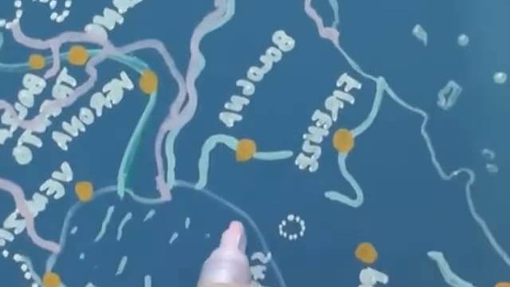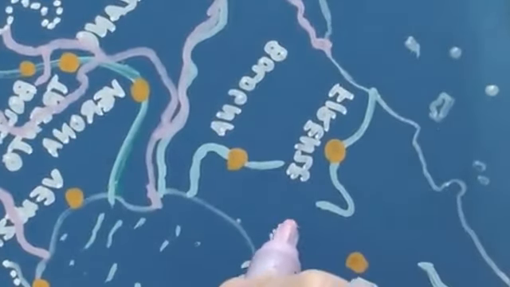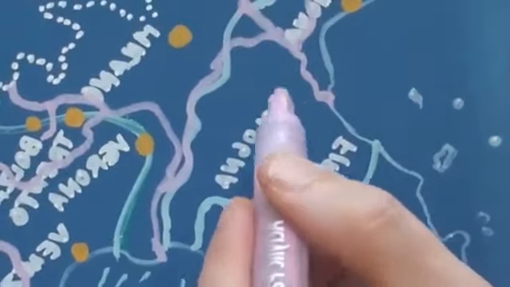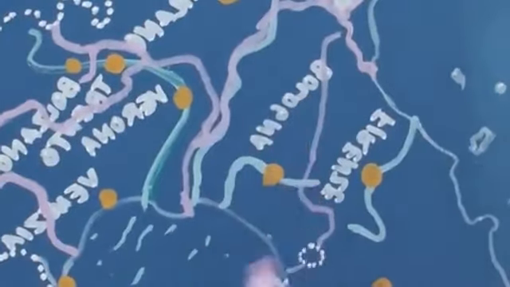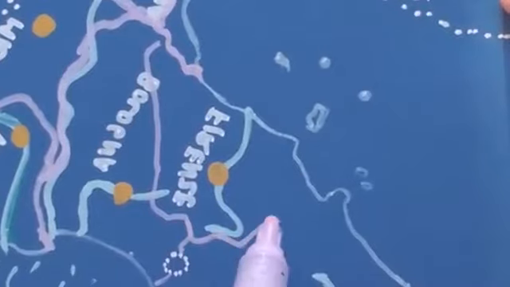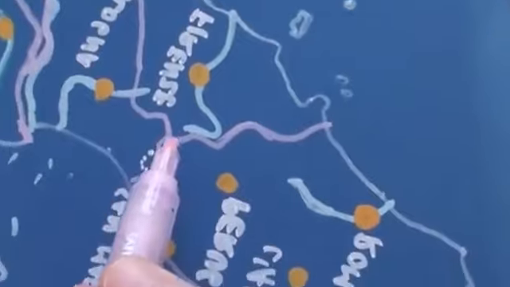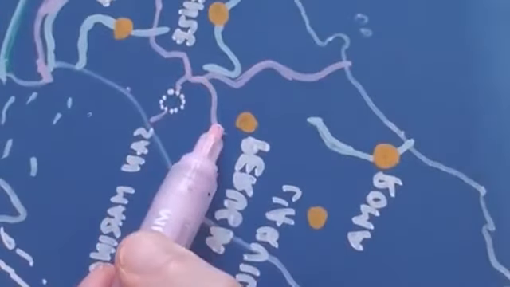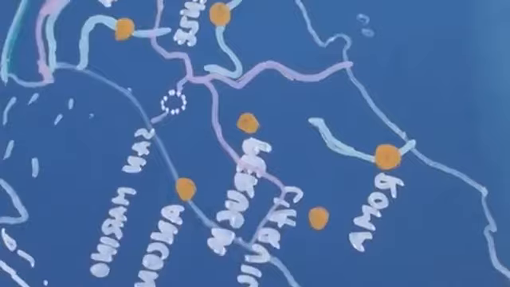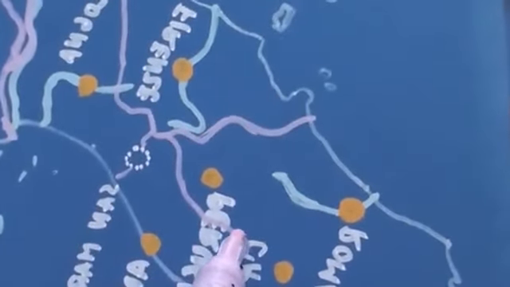Here we have, so this region here. And to the west we have Toscana. Here, Marche. In the middle we have Umbria.